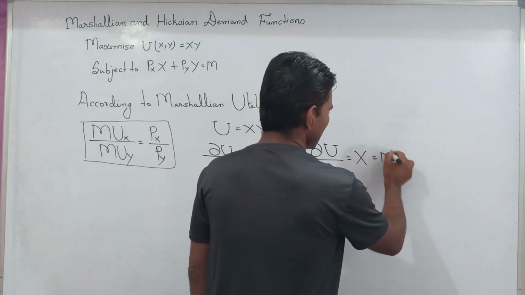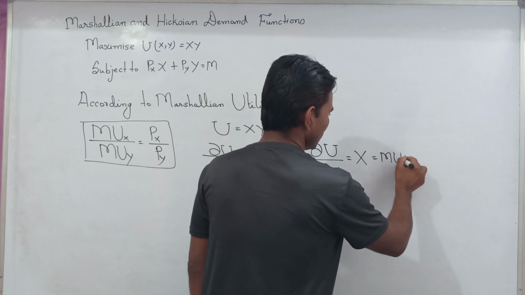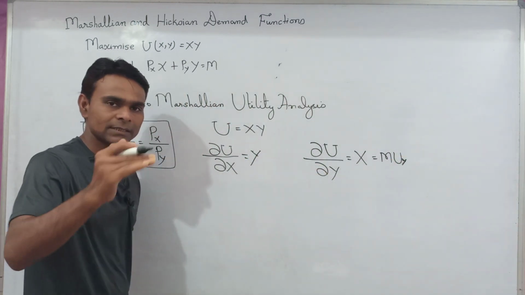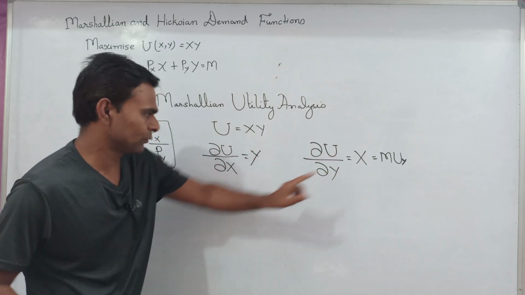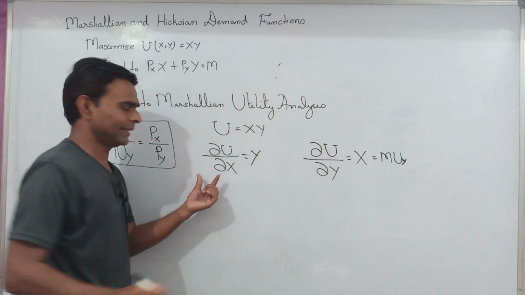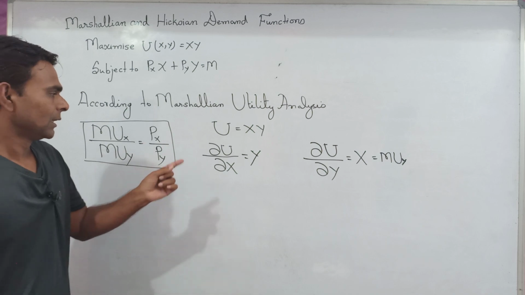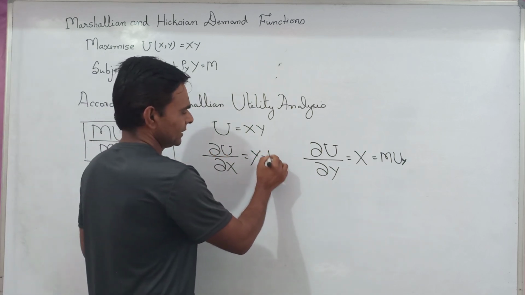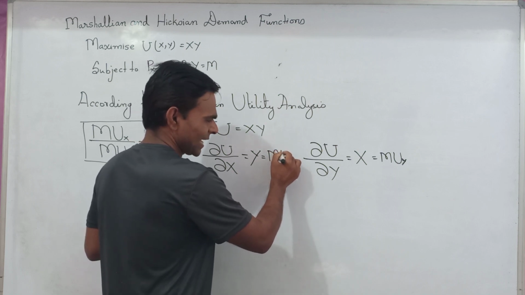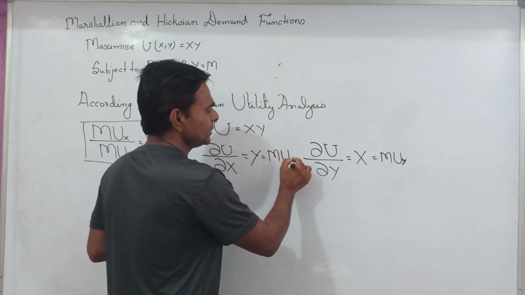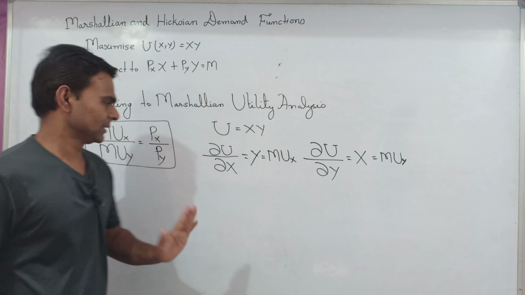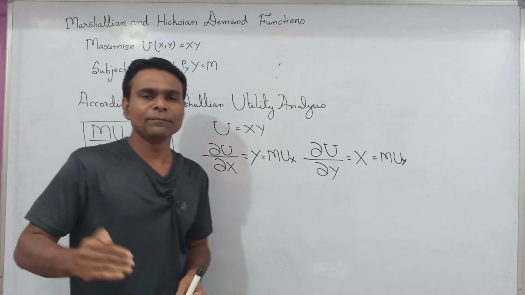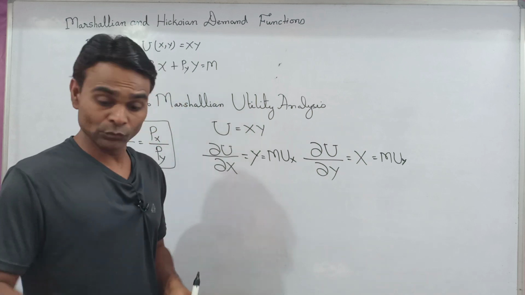It is the marginal utility of y, because we have taken the partial derivative of u with respect to y. Clear? Substitute the values of MUx and MUy.